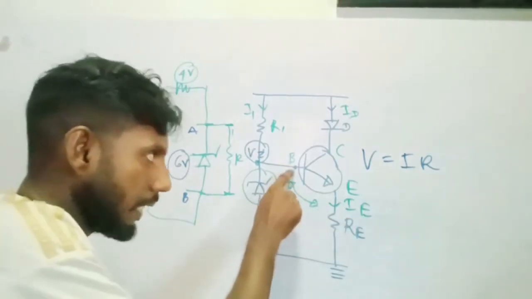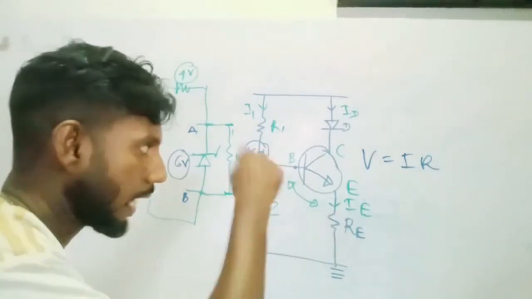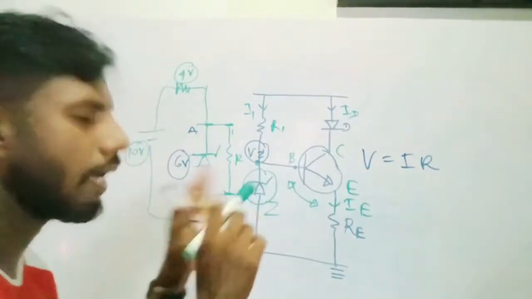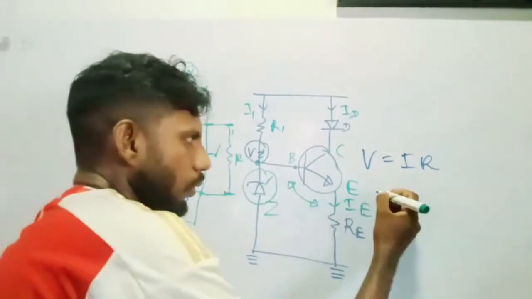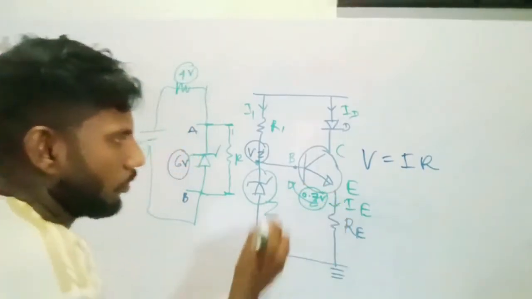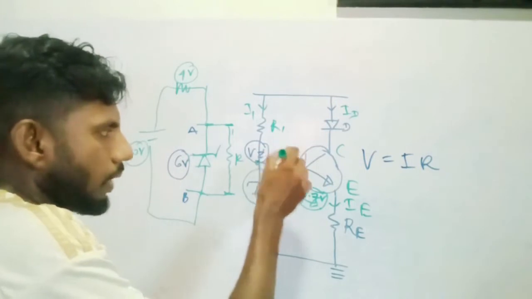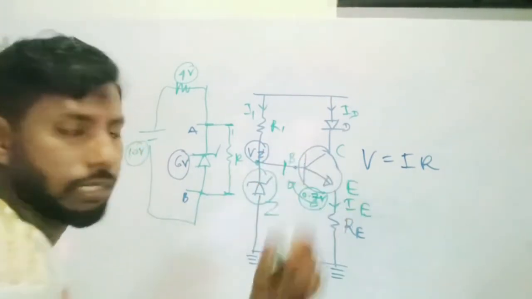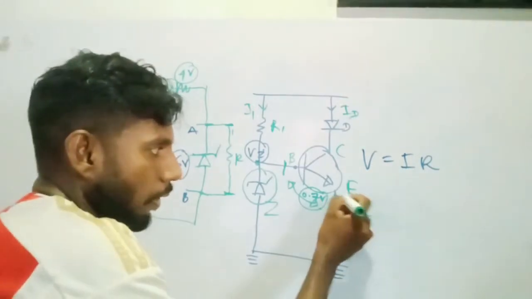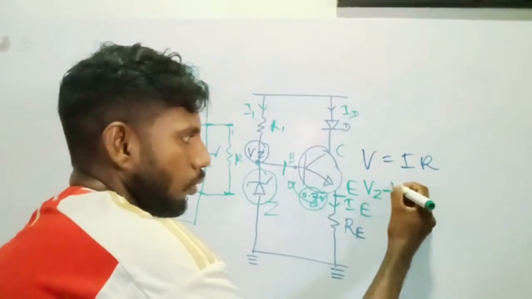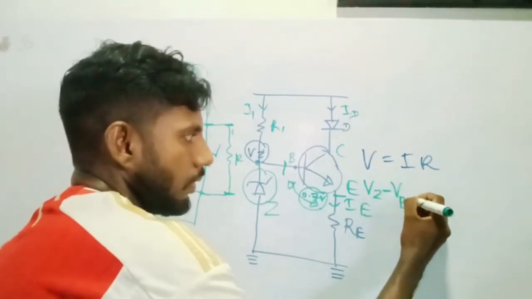So the potential at B is greater than the potential at E, and the potential difference VBE is given as 0.7. So here I'm just writing VBE. Now the potential at this point is Vz minus VBE.